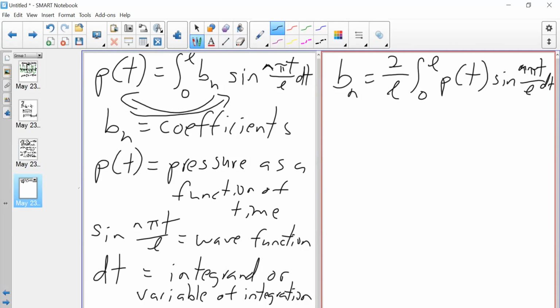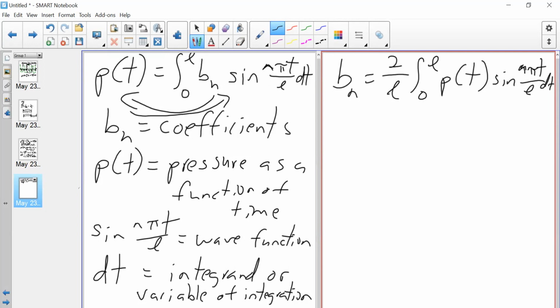And when you're doing something called a Fourier analysis or Fourier series, depending on the boundary conditions, you're going to get a particular type of Fourier series function. For these particular boundary conditions, this Fourier series function works. There are other boundary conditions or other Fourier series equations that work for other boundary conditions. Like say, if you're going from 0 to pi or negative pi to pi, there's going to be a different type of Fourier series equation.